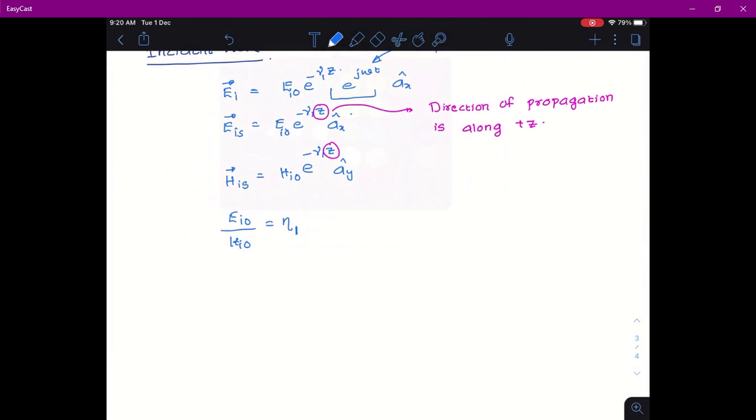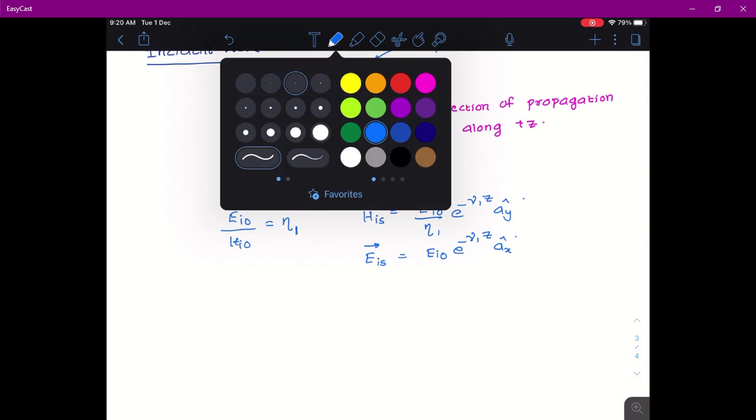By using that relation I can write HIS as EI0 by eta 1 multiplied by e raised to minus gamma 1 z Ay cap. So the two equations of the incident wave are one for HIS and the other for EIS. Let's keep this relation.